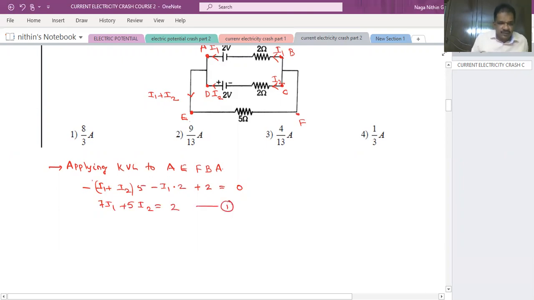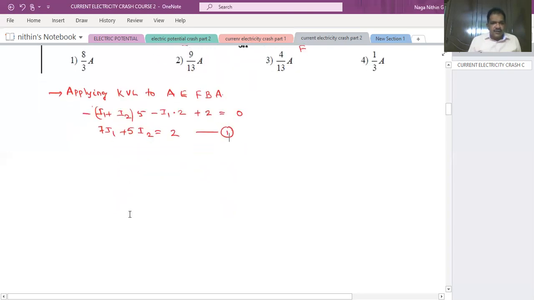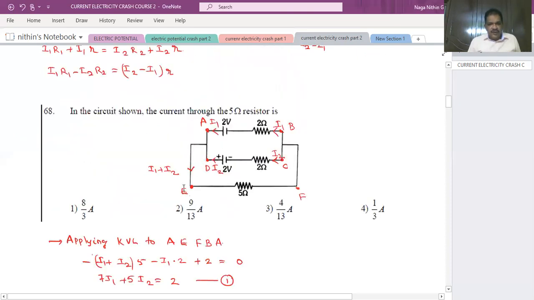Let it be equation 1. Next, applying KVL to this loop DEFCD.